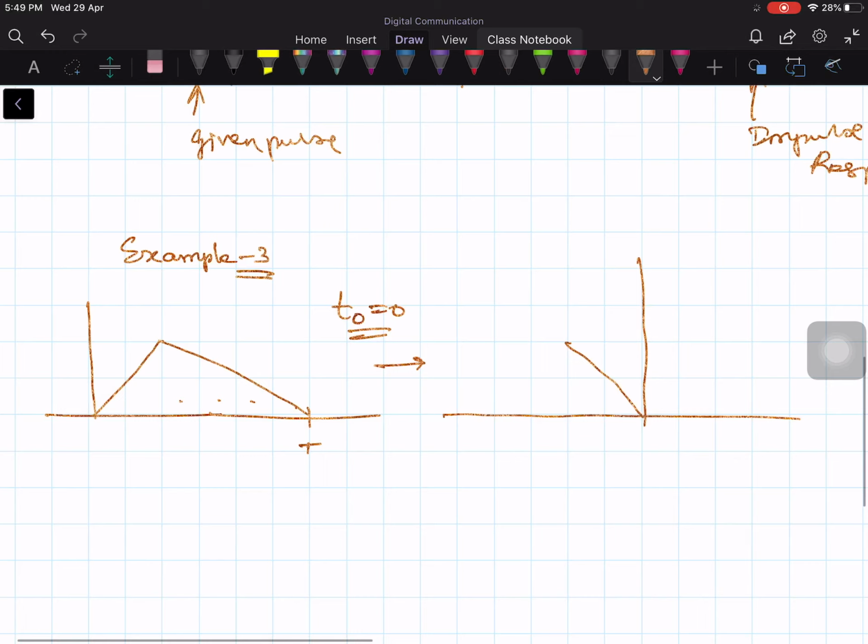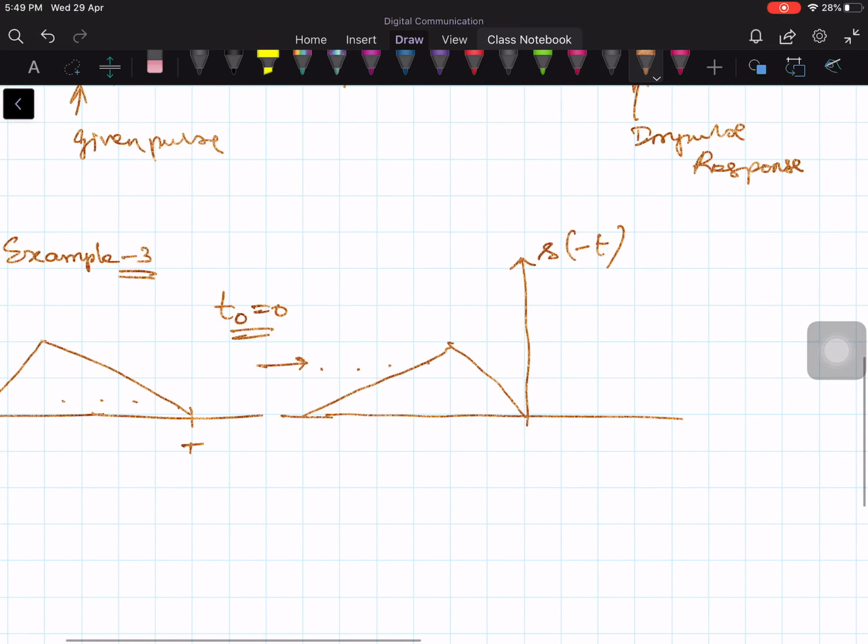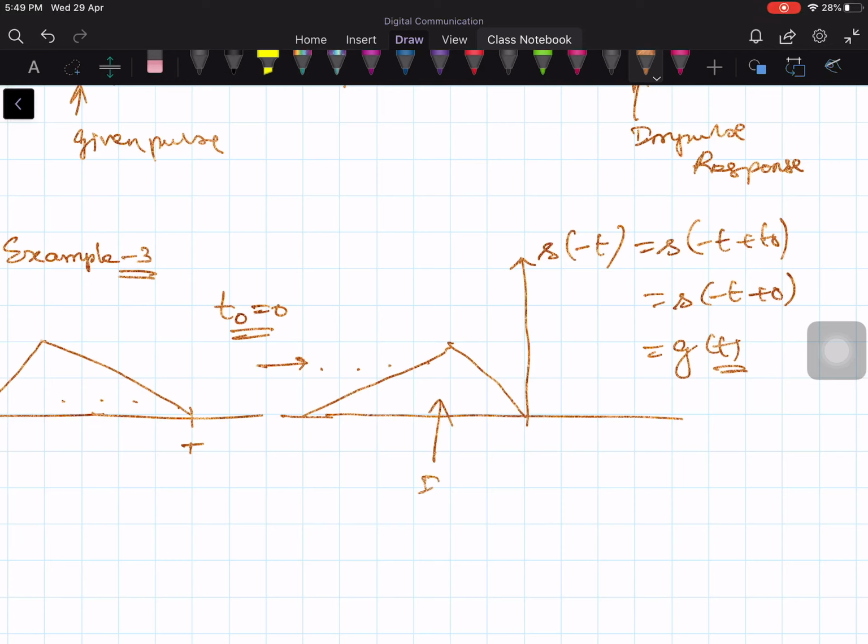It will come like this. This is S of minus t. When t naught equal to 0, this is equal to S of minus t plus t naught, which is S of minus t plus 0. So this is your g of t. This is the impulse response.